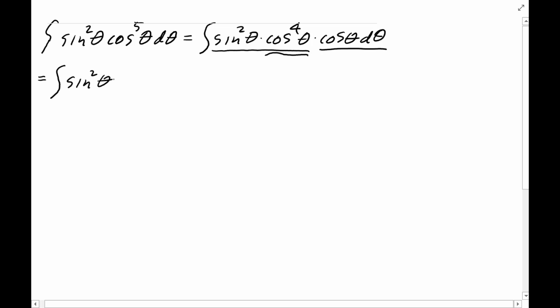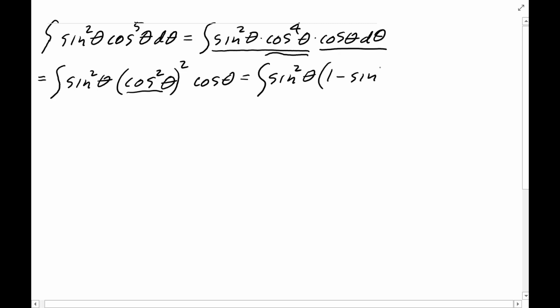First, I'm going to rewrite that cosine to the 4th as cosine squared theta, squared. Then I can rewrite this cosine squared theta using that Pythagorean identity. It's 1 minus sine squared theta, and that's squared. And we've got this cosine theta d theta out here.